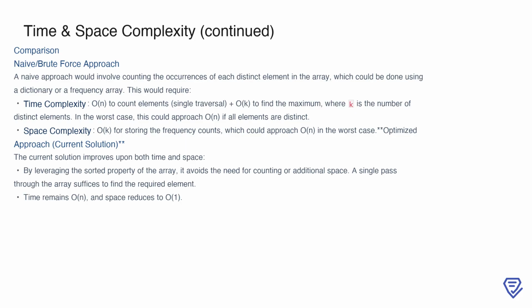In the worst case, k could approach n if all elements are unique, leading to O(n) time and O(n) space complexity. On the other hand, the current optimized solution leverages the fact that the array is sorted. By avoiding the need for frequency counting and additional data structures, it achieves the same O(n) time complexity but reduces space complexity to O(1). This makes it significantly more efficient in terms of memory usage, especially for large inputs.